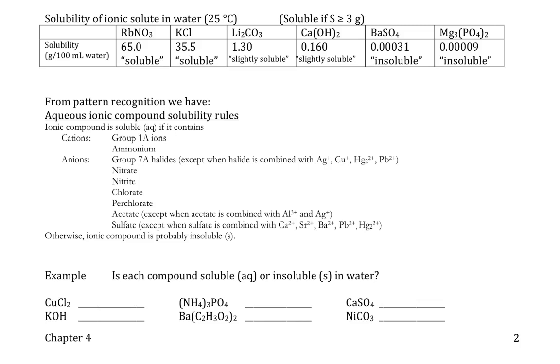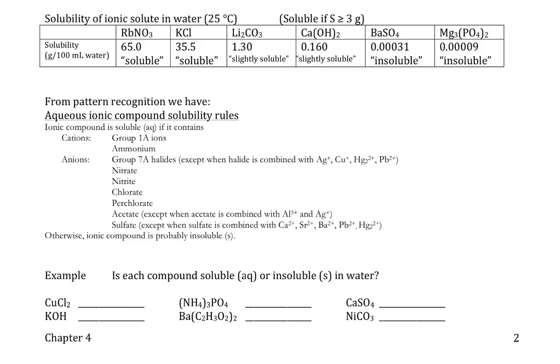So based on those rules alone, here's an example. Is each compound soluble, aqueous, or insoluble? That is, stays a solid in water. So let's look at the first one, CuCl2. What we have is Cu2+, Cl- here. Looking down our solubility list, the cation is not a group 1A ion, it's not ammonium.